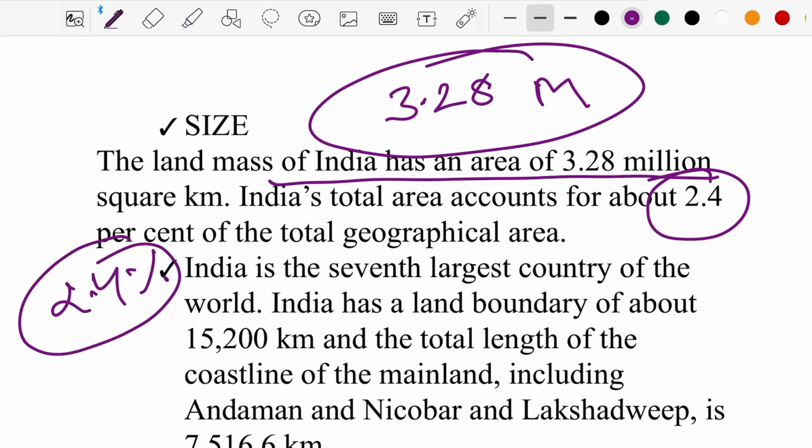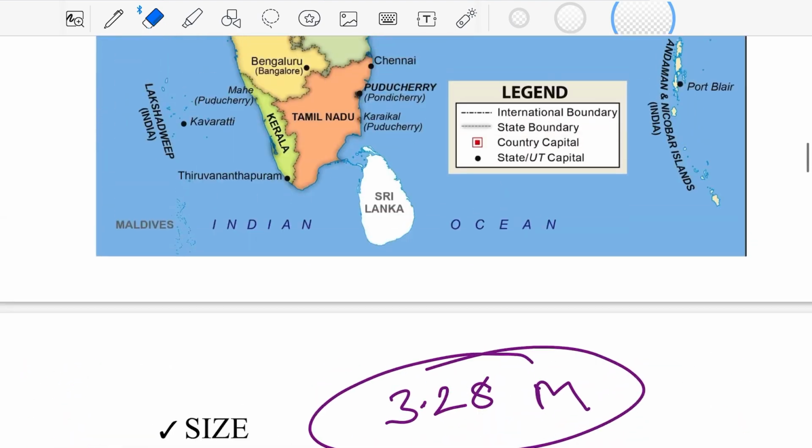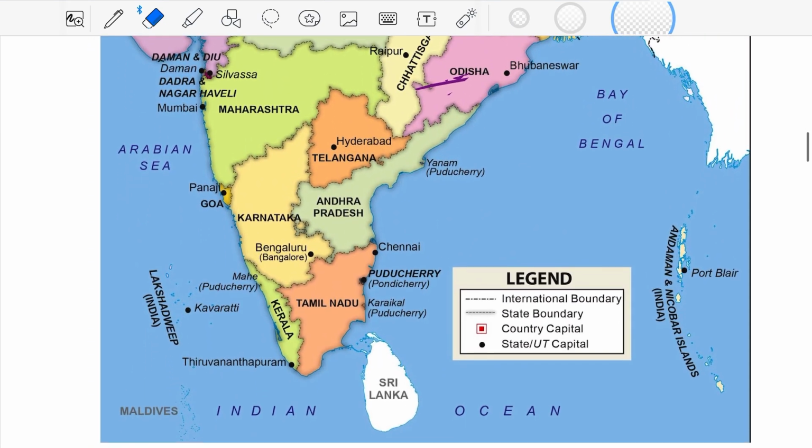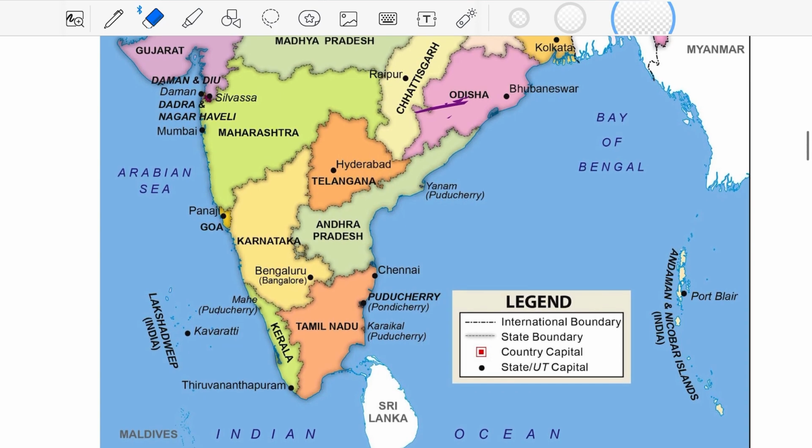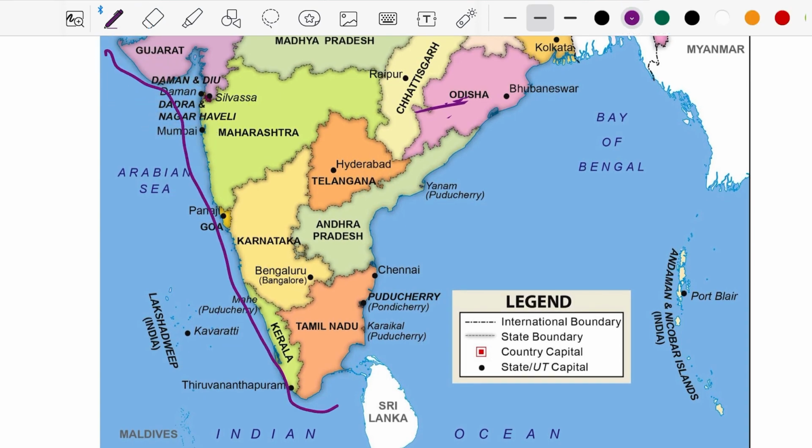Okay, next if you talk about the maritime zones, then we can have, like, this is the India map. So this is the maritime zones from here to this entire part.